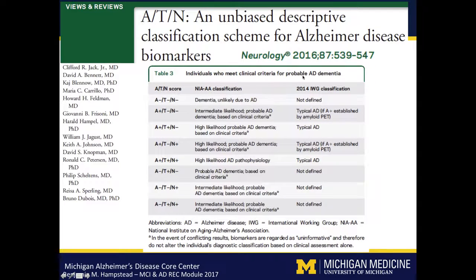And finally, for somebody who has probable Alzheimer's disease, referring back a few slides to those criteria that I presented, again, we can use this profile to determine our level of confidence that Alzheimer's disease is the actual primary underlying etiologic factor.